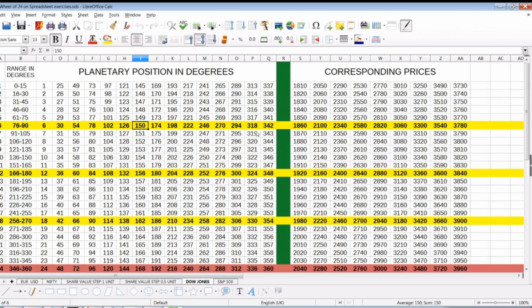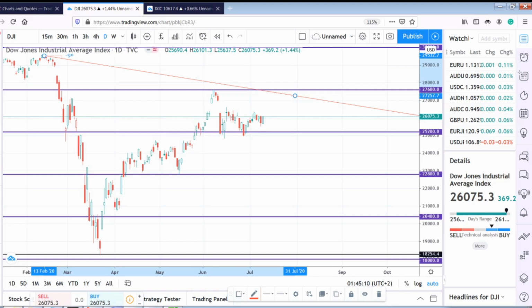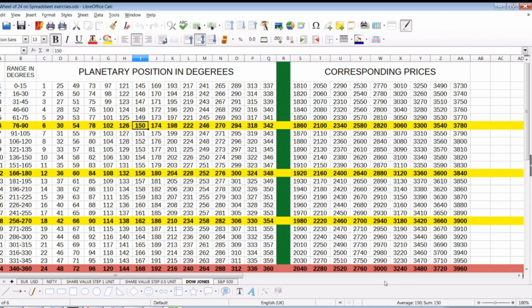It's somewhere here, so it's been related to, it was 27, and how much was that? 27,600. It's just the line 24. If you haven't watched my videos about the Wheel of 24, I recommend you watch all my videos from the playlist Universal Clock Wheel of 24, and you'll know what I'm talking about.